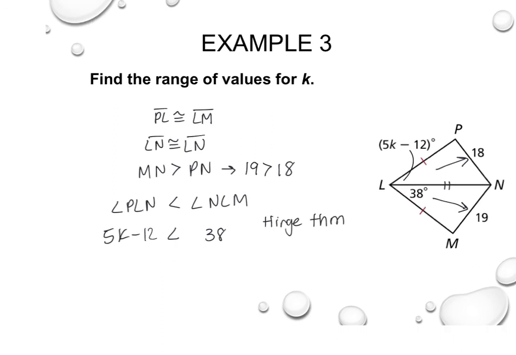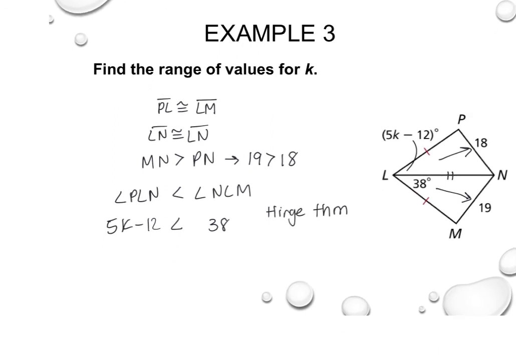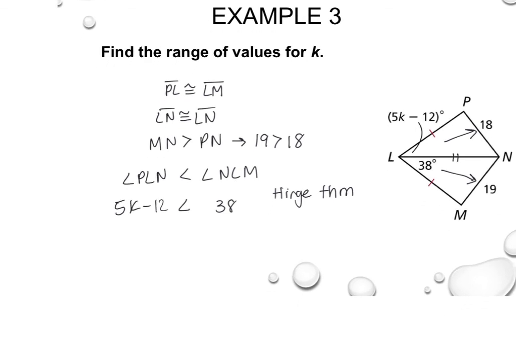Okay? And it wants us to solve this inequality so that we can figure out all of the values for k. We're going to treat this like a regular equation. I know we haven't really done inequalities in here all that much. You just treat it like a regular equation. The only time you change anything in an inequality is when you divide or multiply by a negative number. Okay? So in order to solve this, we would just add 12 to both sides.